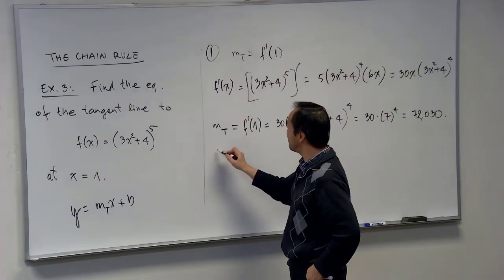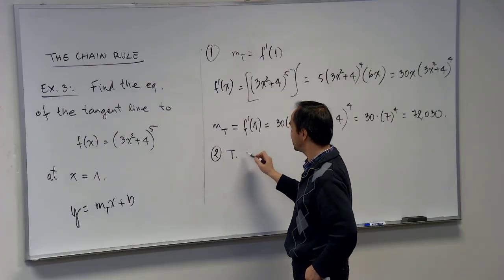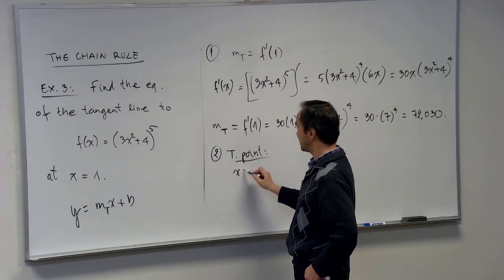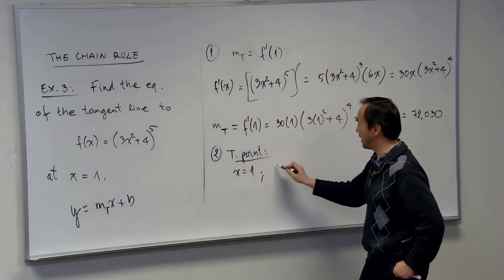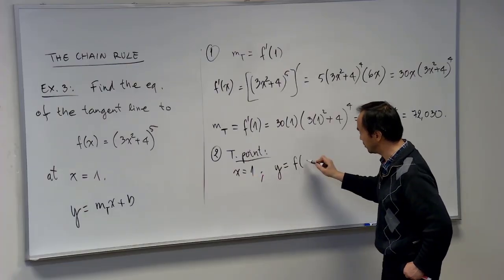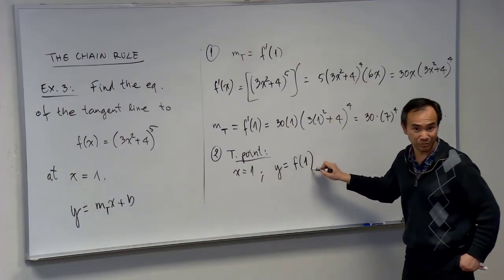So what's the tangent point here? Big step 2, right? Easy work, but it's still important. At x given to be 1, what's the y value? Y comes out because you're going to simply substitute that x equals 1 into the function, right? You guys agree with that?